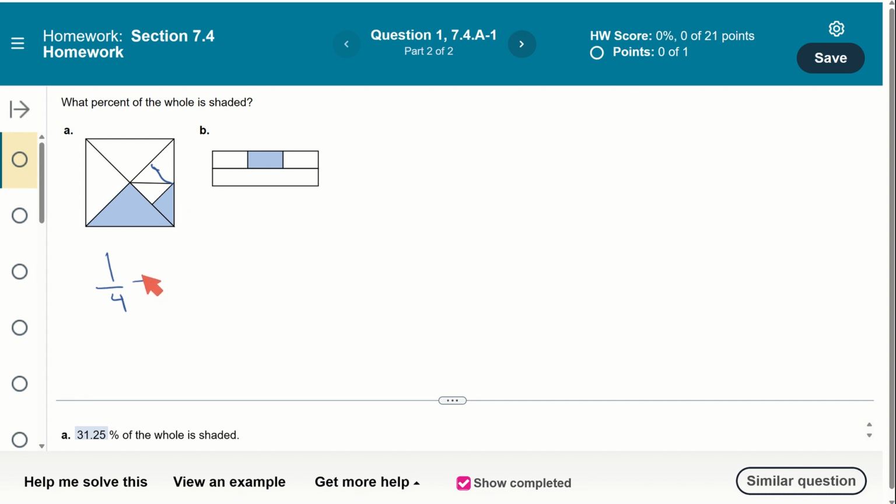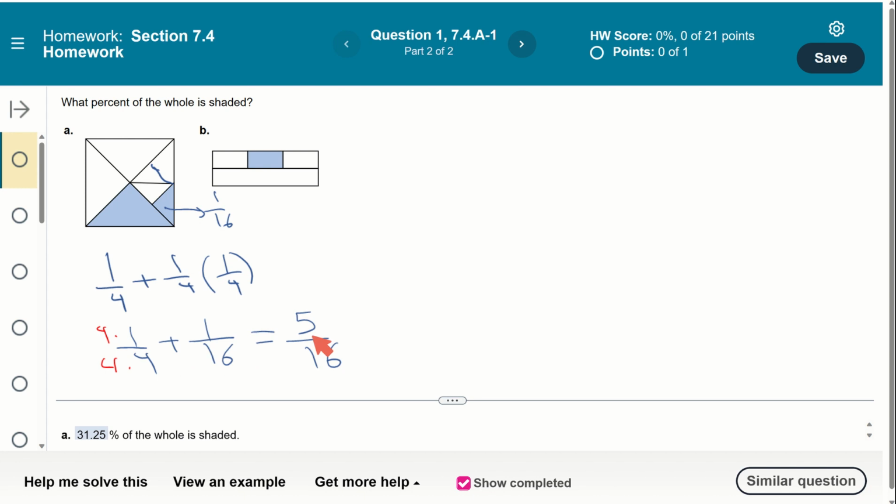So we get plus 1/4 of a fourth. So this is really 1/16, right? So we have 1/4 plus 1/16. Now if I just quickly multiply the 4 here by 4 and the numerator by 4, I notice that the sum becomes 4/16 plus 1/16, which is 5/16, right?